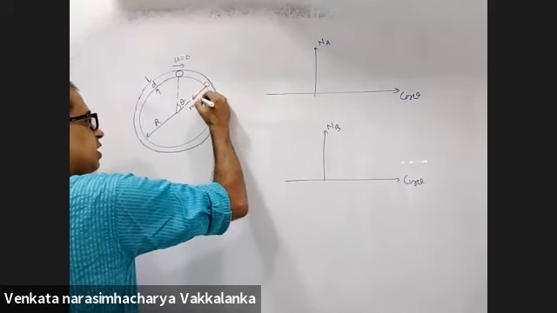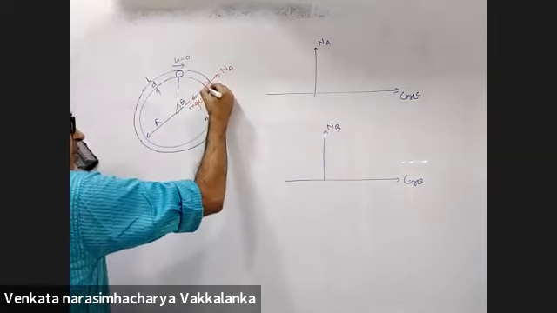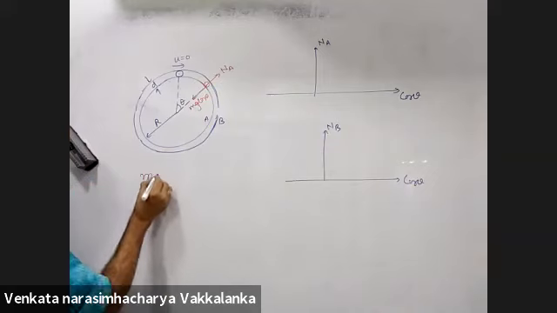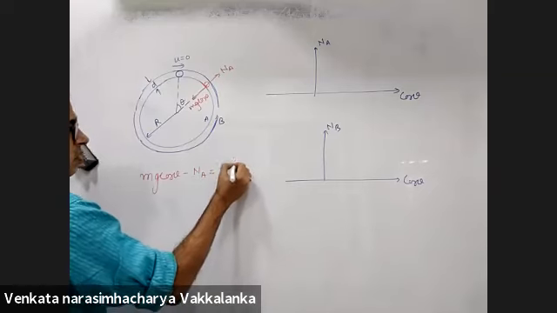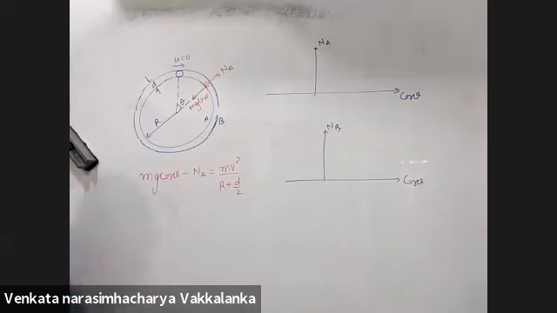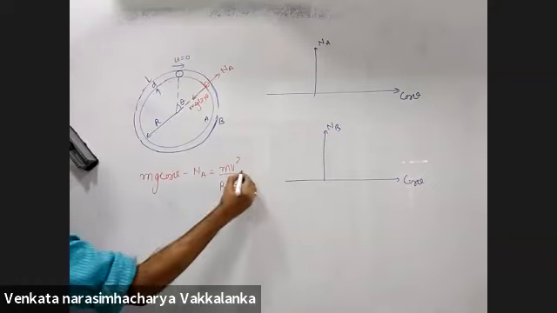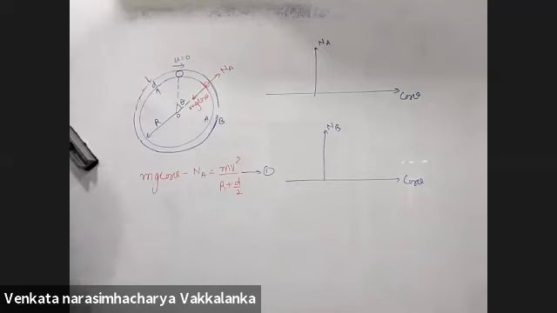This will be mg cos theta, and the normal force is NA, the normal force on the inner surface. The first equation is mg cos theta minus NA is equal to mv square upon R plus d by 2. You should take from the center. This is my first equation.